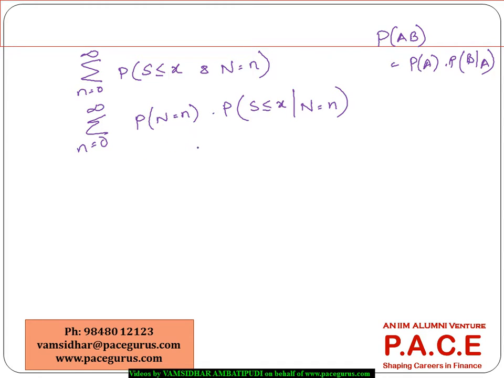Now this is for each individual, right? Now for the distribution of a sum of independent random variables, we can very well find it using the mechanism of convolutions. If we remember, our S is nothing but x1 plus x2 plus so on up to xn. So it's basically the sum of independent random variables.